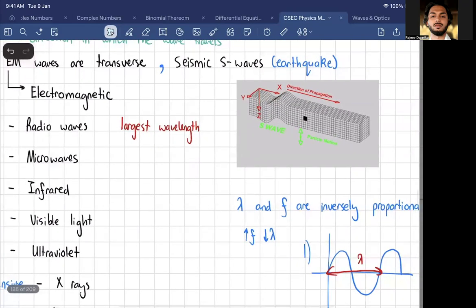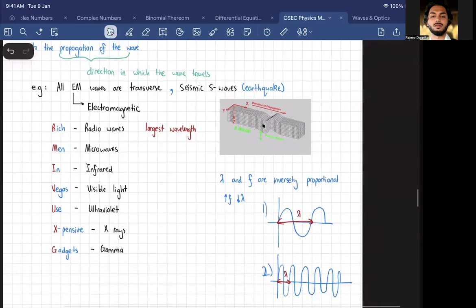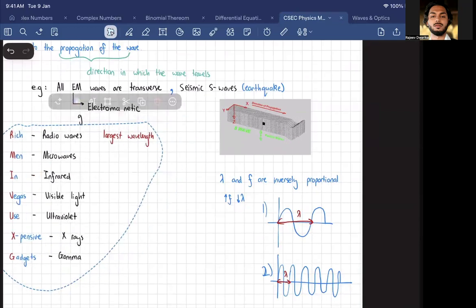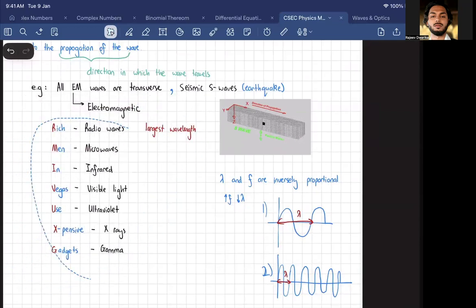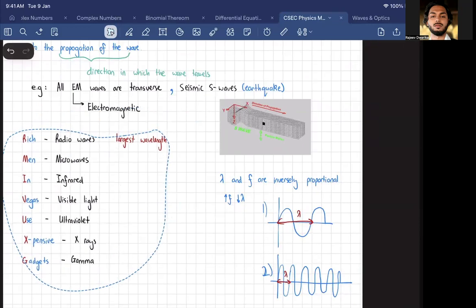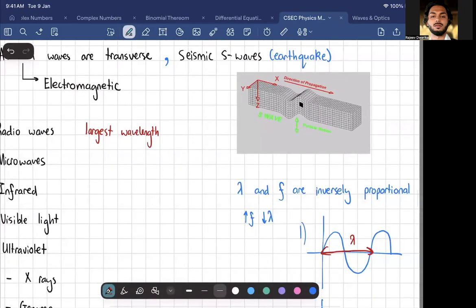And if it has the largest wavelength, inversely, what would it have? Think about it, guys. Lowest. It would have the what, Amika? Lowest frequency. Do y'all understand that or not? Yes.